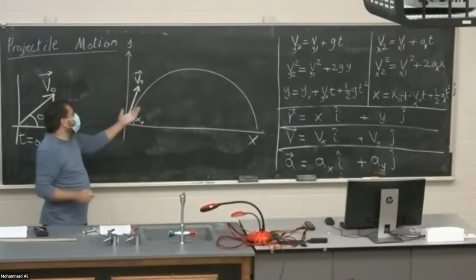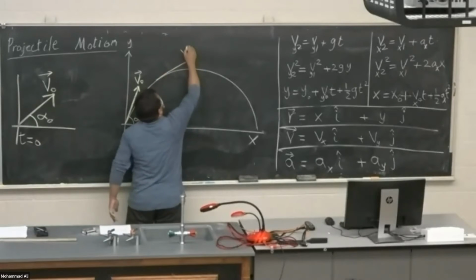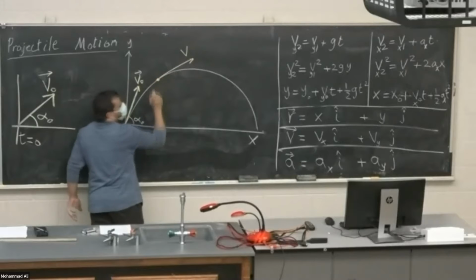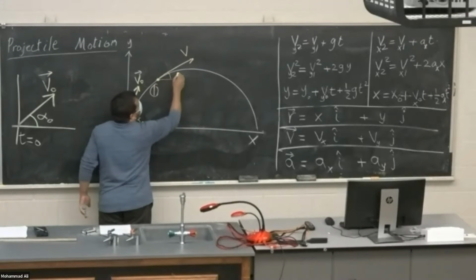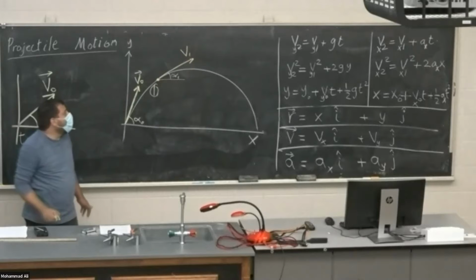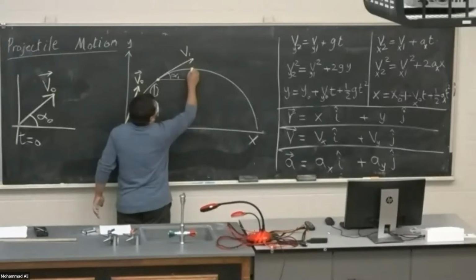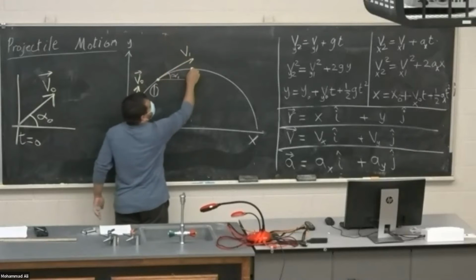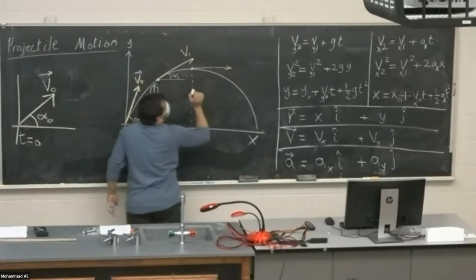You can see later, if my motion goes like this and I name this point, for example, 1, then I have another angle: alpha 1 and v1. If I am at the top of my motion, the maximum altitude here, I have this velocity.